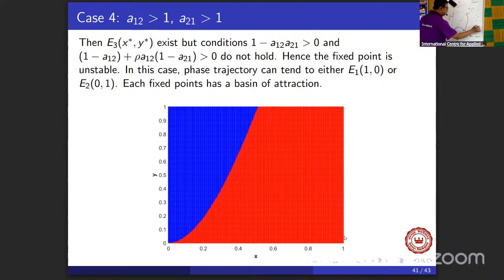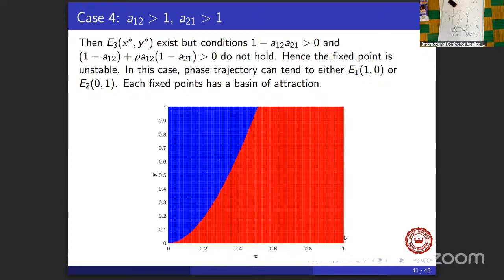If the initial point is here, we get this one. That is, considering the initial population, from this we get a separating line, and on either side of this line the population goes either to E1 or E2. That is, we get two basins of attraction. That's why I have written this in red and blue color.